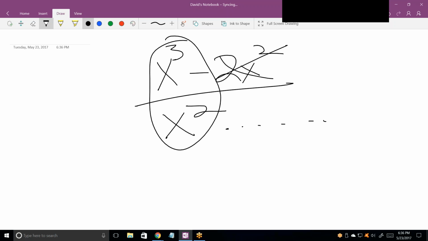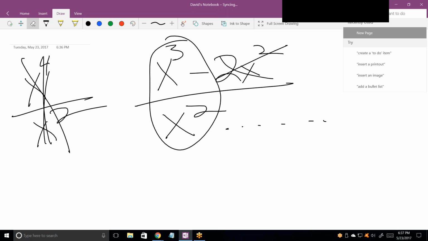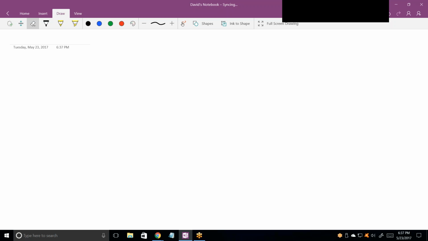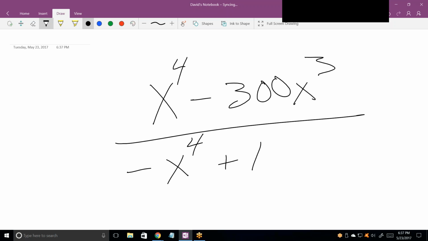Okay? Now, if I have this, can't do anything. You can do the division, but it doesn't mean anything with regards to asymptotes. The other possibility is that you have equal. Say I have this minus whatever, 300 x cubed, all over this, plus 1,000,000 x cubed.